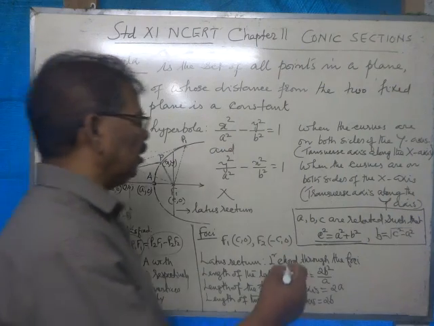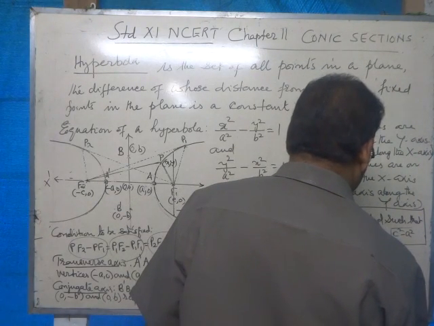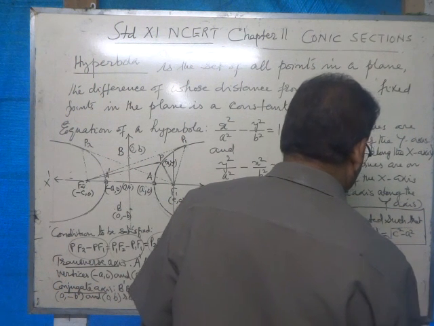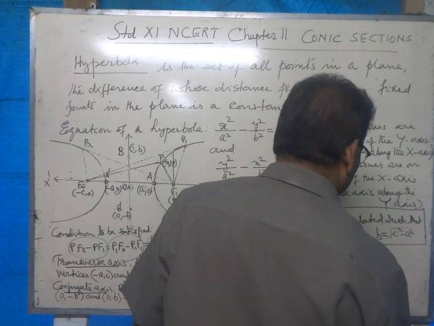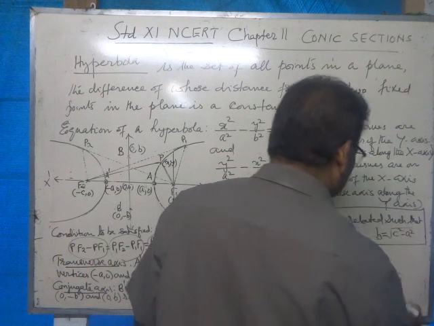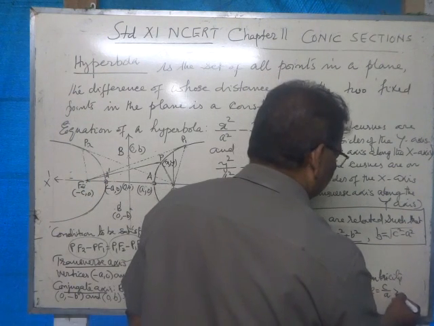Now eccentricity e is equal to c by a. In this case, c is greater than a, therefore c by a will be greater than 1.